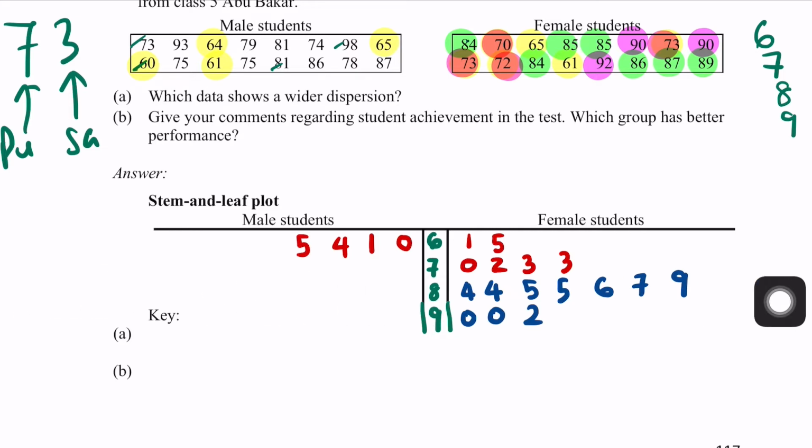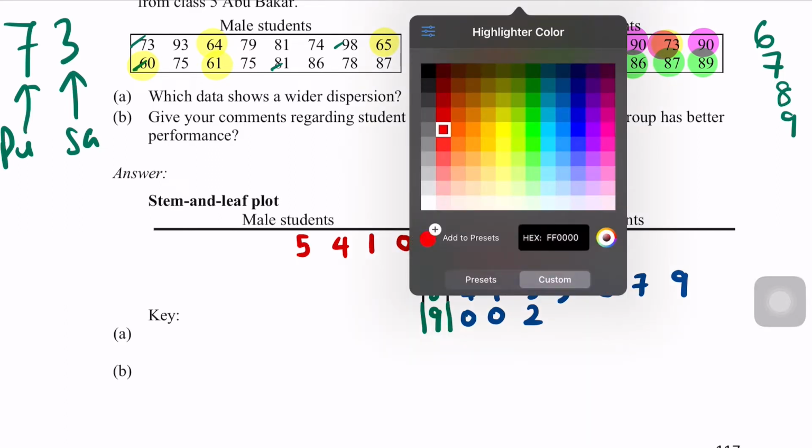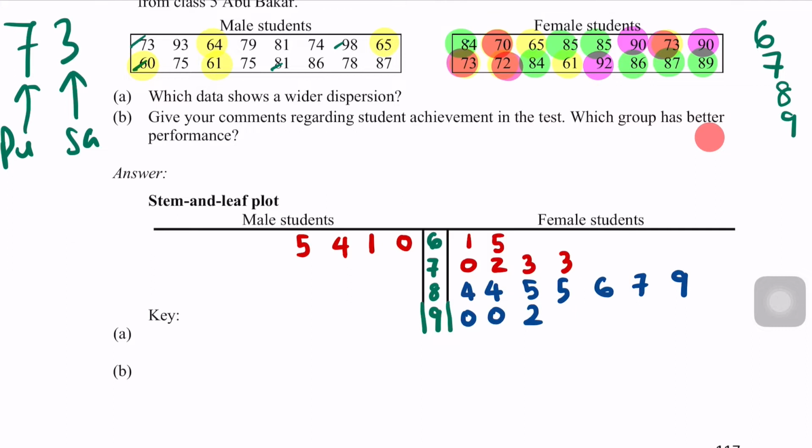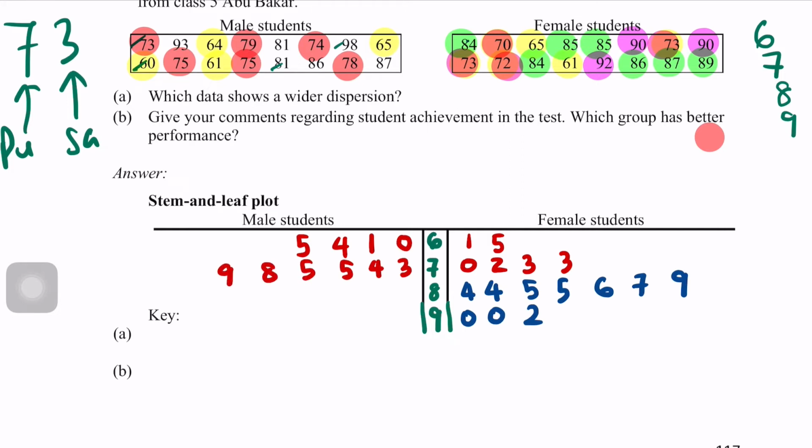Okay, for 7 pula. So we have 73, 79, 74, 78, 75, 75. Tapi susun ikut ascending order. So first we have 73, 74, 75 ada 2, 78, 79.